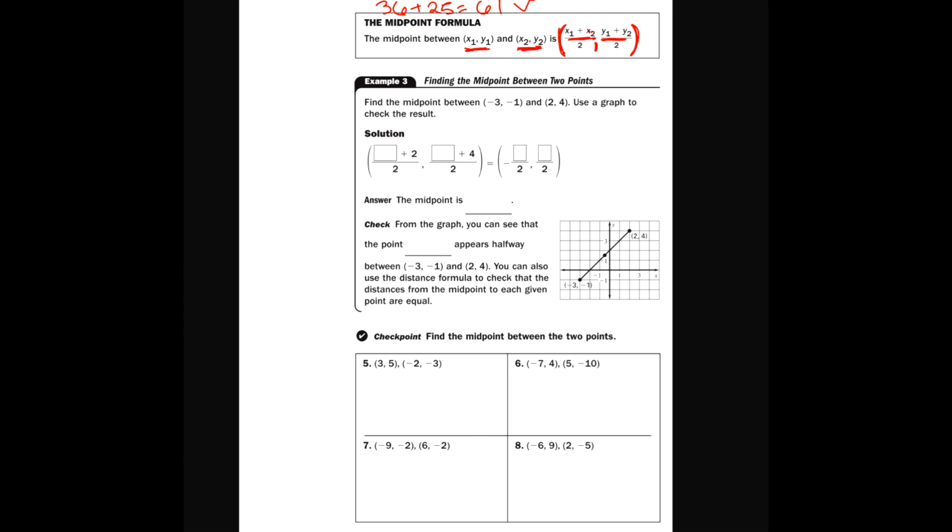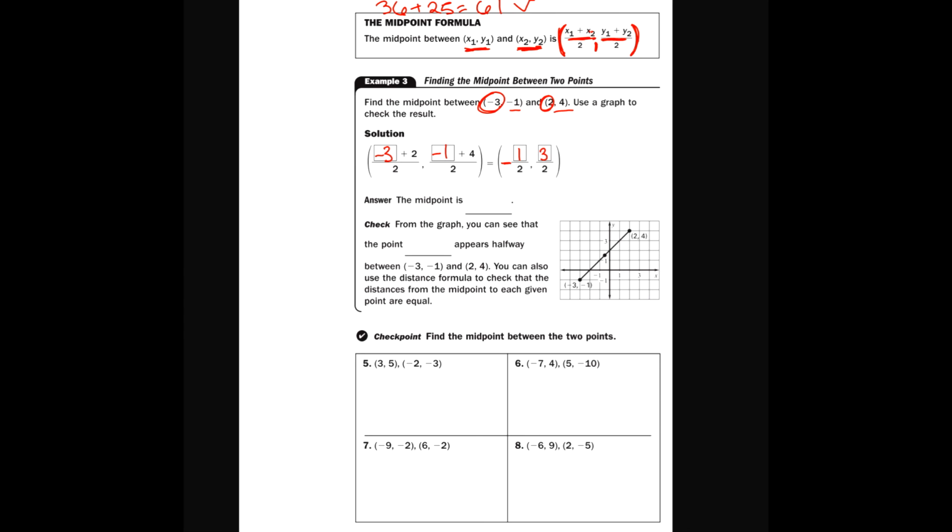Okay, so I want to find the midpoint between negative 3, negative 1 and 2, 4. Let's find my x's first. I'm going to add them together, negative 3 plus 2, divide by 2. So that'll be negative 1 over 2. And now I add my y's together, negative 1 plus 4 over 2, which will be 3 over 2.